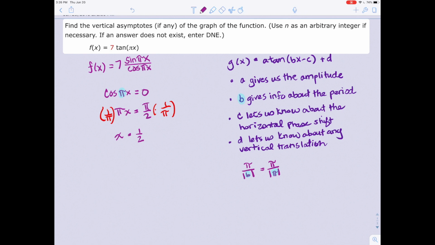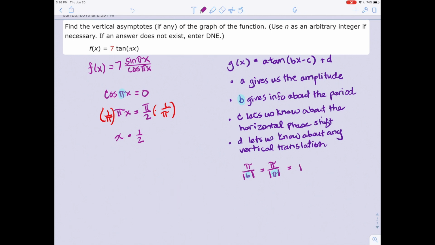Cool? All right, so what is that? This gives us a result of 1. So this graph is going to have a period of 1. So there's 1 unit between any 2 asymptotes or discontinuities, right? So let's do it.